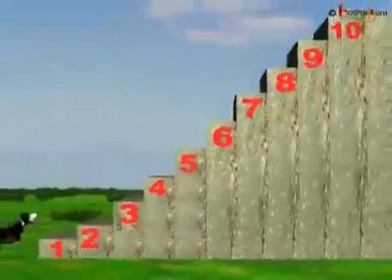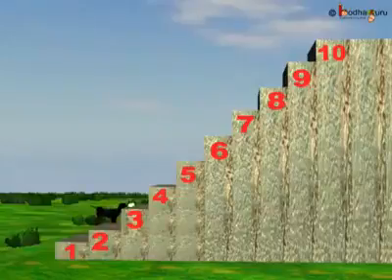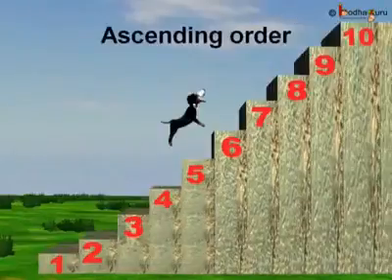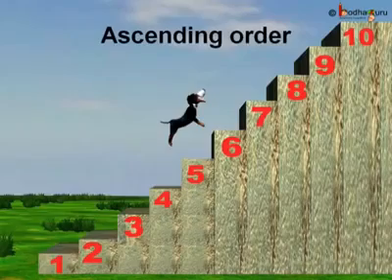So we see Tommy went up from the smallest number to the greatest number. This order of numbering, when we go up from the smallest number to the greatest number, is called ascending order. It is ascending order.